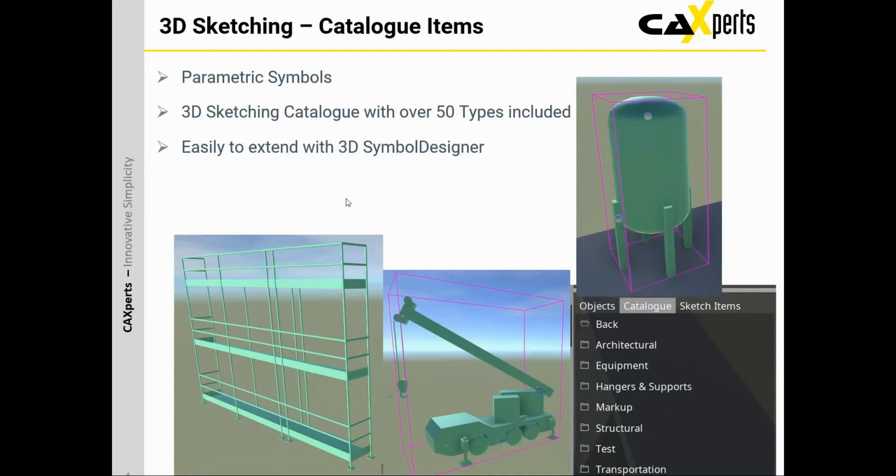You easily can extend these functionalities with our simple 3D designer, or you even can load your existing parametric symbols that you have done with the 3D Symbol Designer also into the UPV catalog.